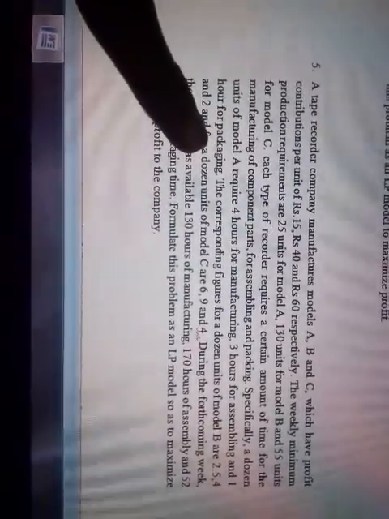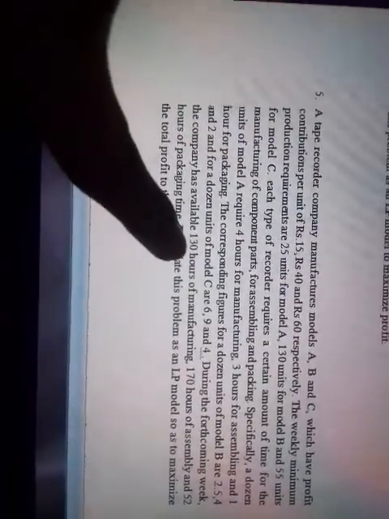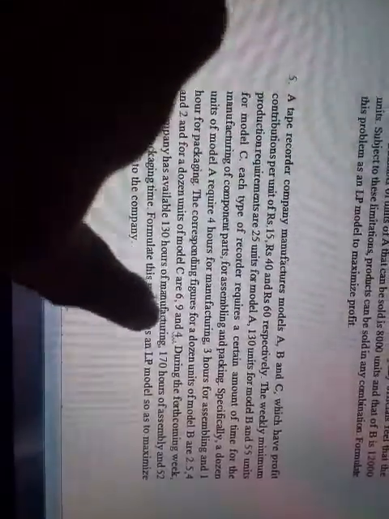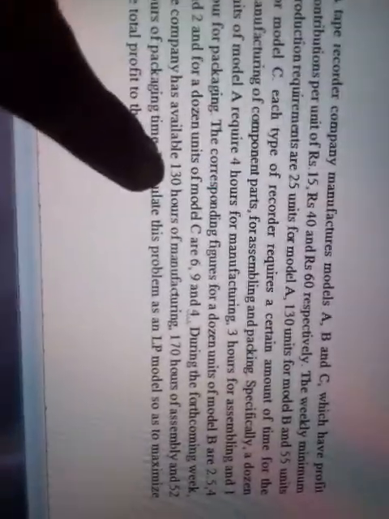Is it clear? And here, see, during the forthcoming week the company has available 130 hours of manufacturing. So I said, no, the constraints are manufacturing, assembly and packaging. Similarly here it is given available 130 hours of manufacturing only, so less than or equal to 130.